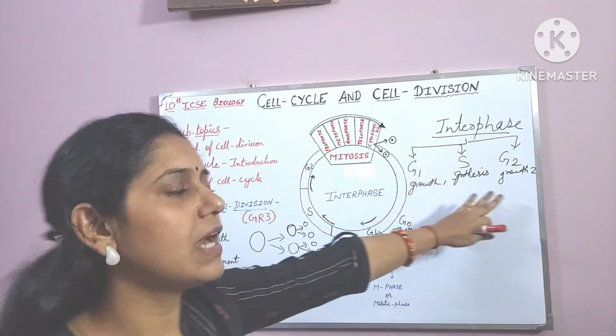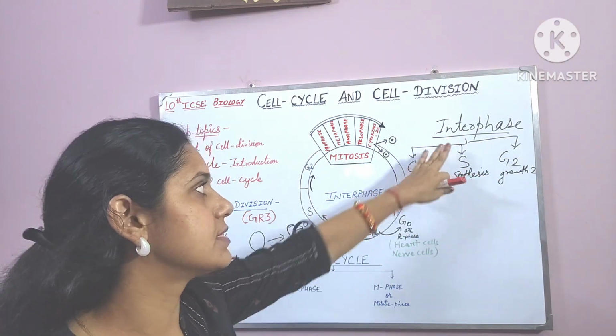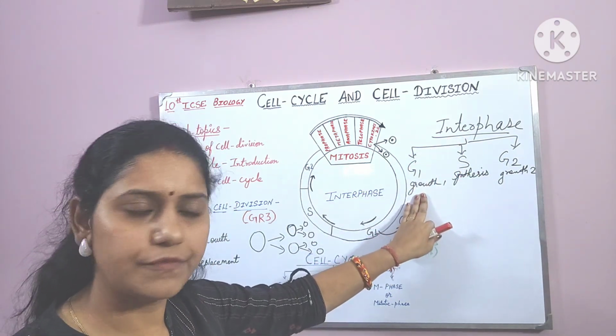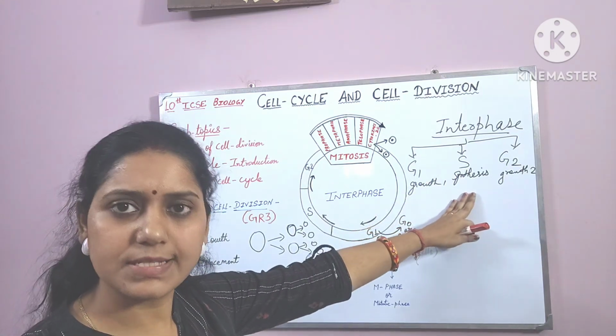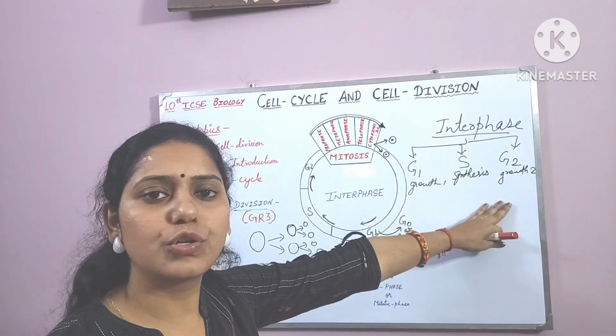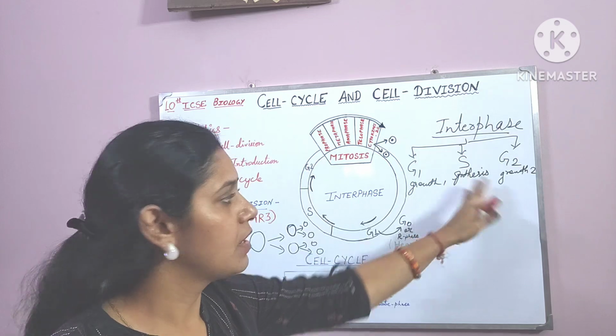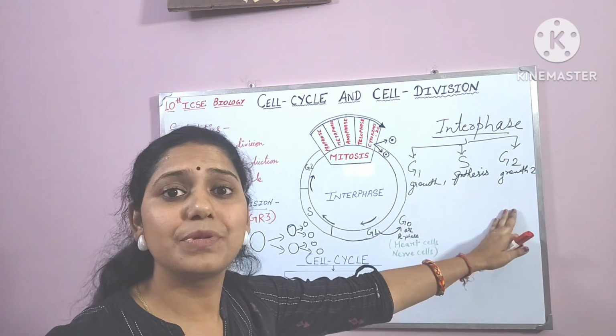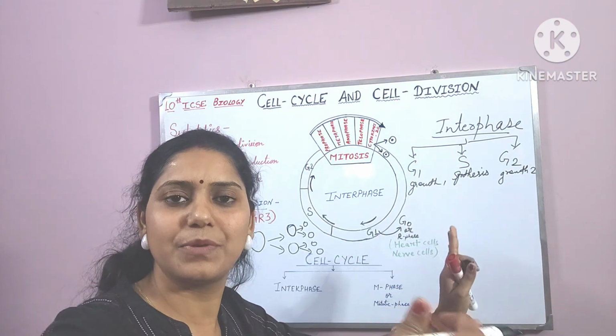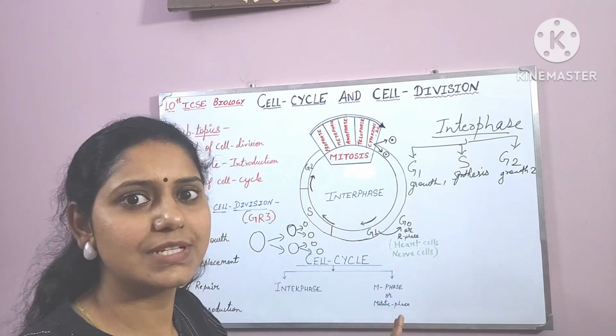So these three are the phases of interphase: G1, growth 1 phase; S phase, that is synthesis phase; and G2, growth 2 phase. In all these phases, preparations will be done. Different preparations will be done, which we are going to discuss now.